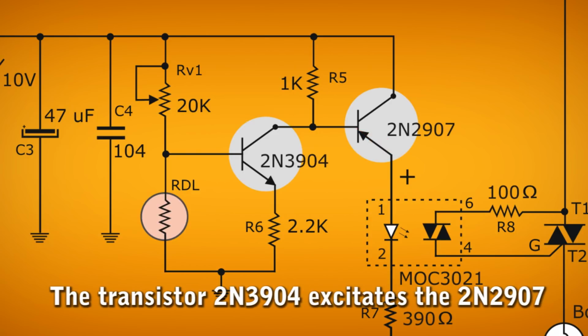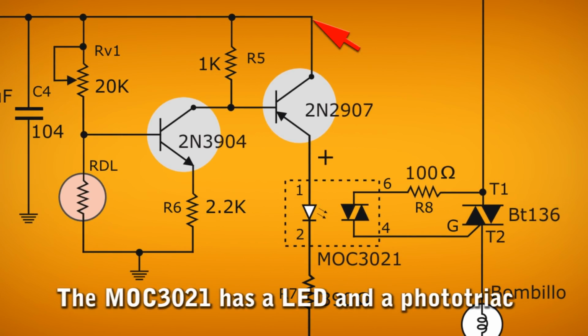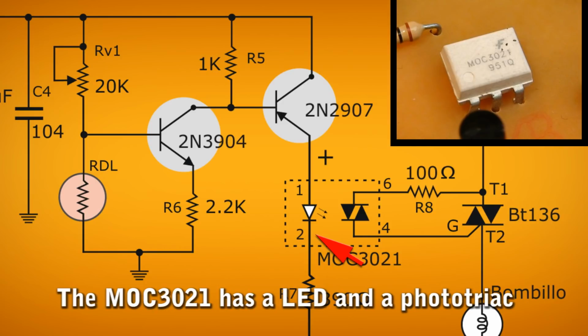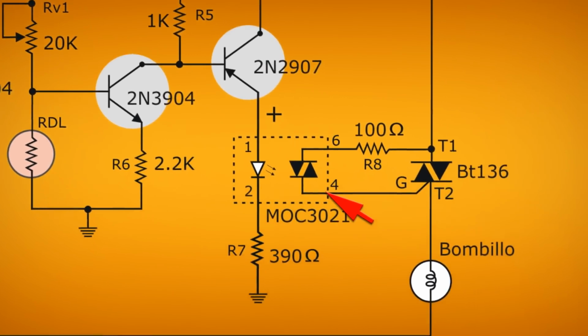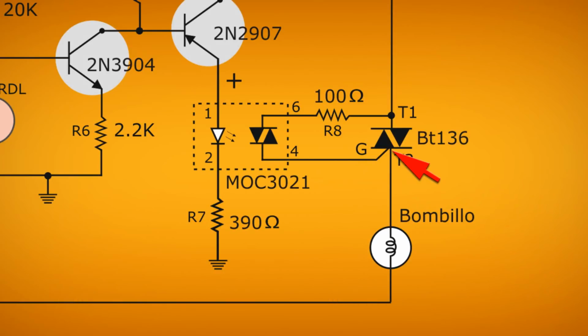This means that a negative voltage arrives at its base. When the 2N2907 transistor conducts, it passes a positive voltage from collector to emitter and reaches the optocoupler. The LED inside it lights, triggering the phototriac, which is between pins 4 and 6 of the optocoupler. The phototriac conducts between pins 4 and 6, sending a current to the gate of triac BT136.